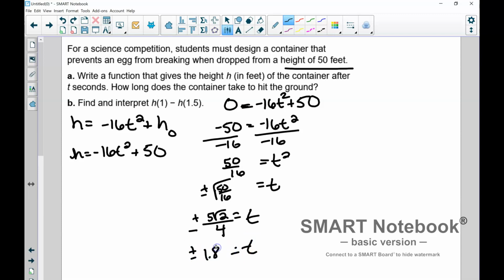But again, we're going to reject the negative because I can't have negative amounts of time. So it takes approximately 1.8 seconds for it to hit the ground from a height of 50 feet. All right, that solves part A.